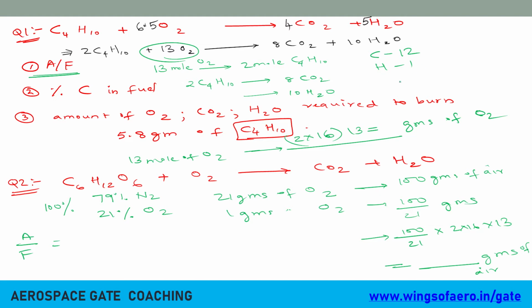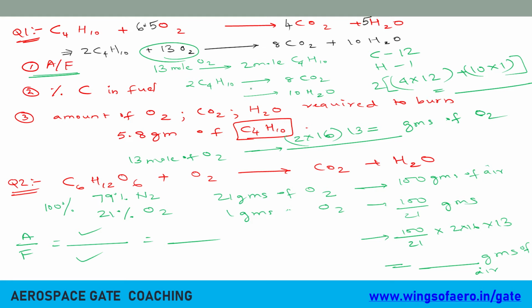Fine. So 4 into 12 plus 10 into 1, and into 2. So you will get how many grams you need. So substitute here, you will get the answer. This is the procedure.